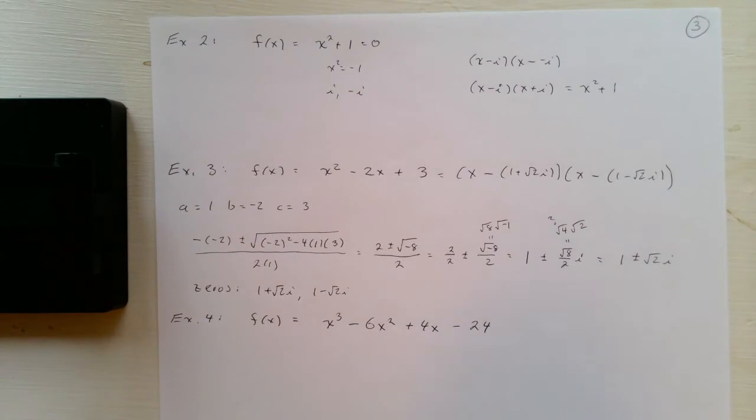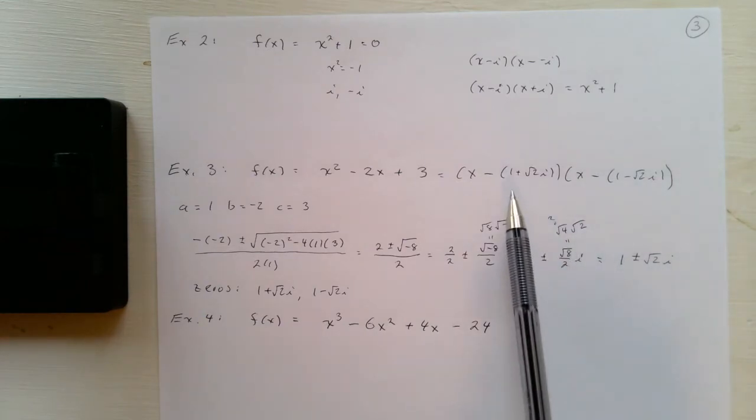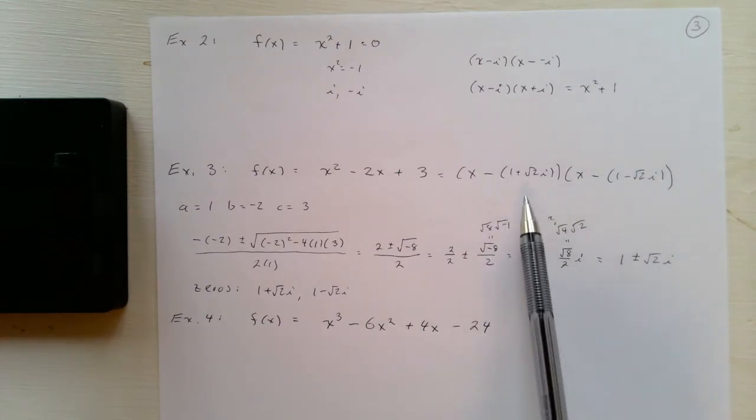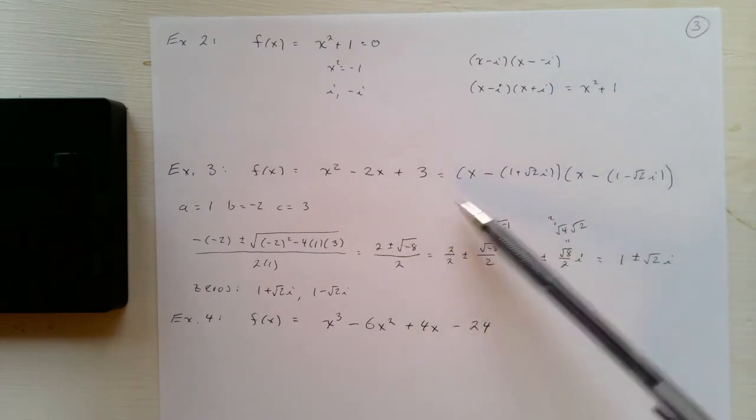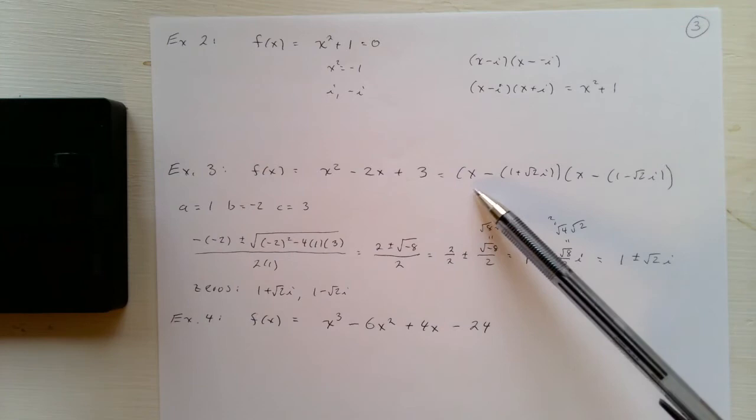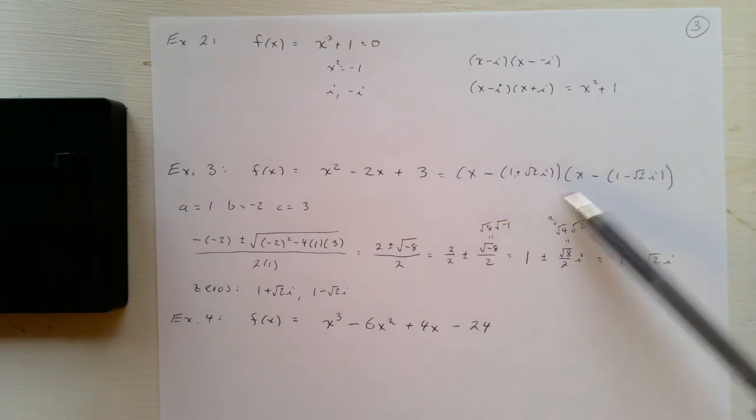And once again, if you take your time and multiply things out, you get x squared minus 2x plus 3. I know this is a little strange, but the important thing is that in both of these examples we can factor the polynomial as x minus some complex number times x minus another complex number.